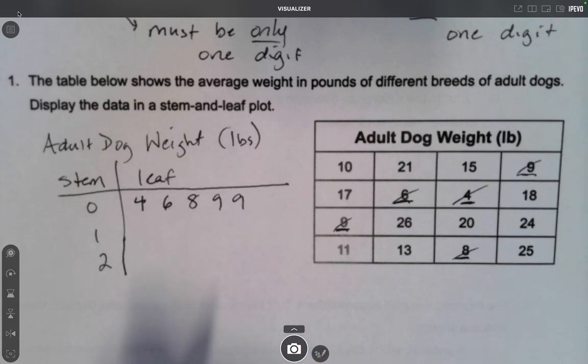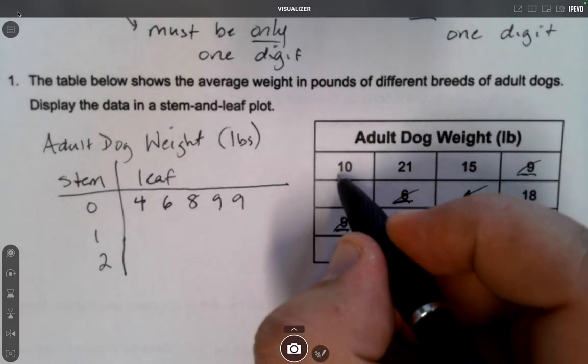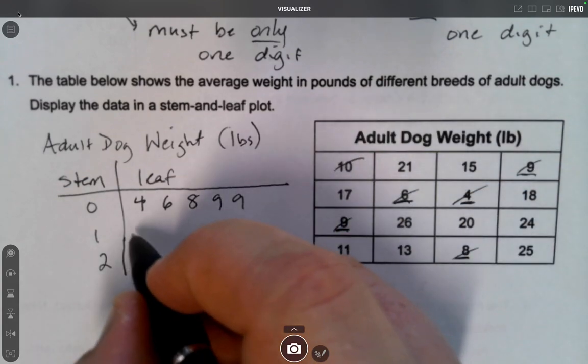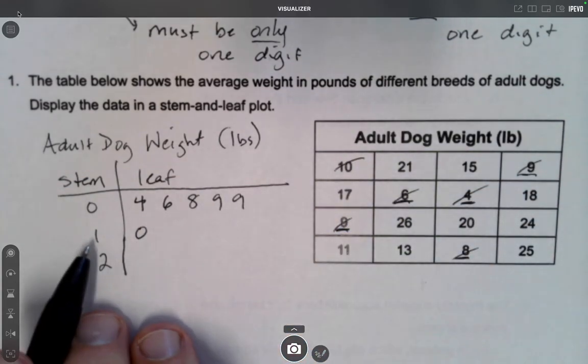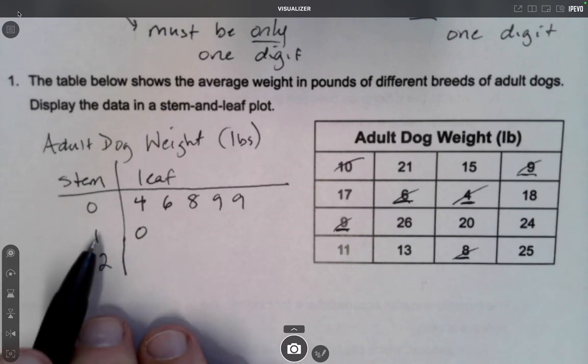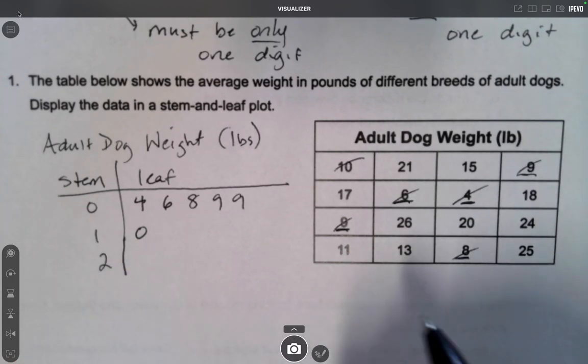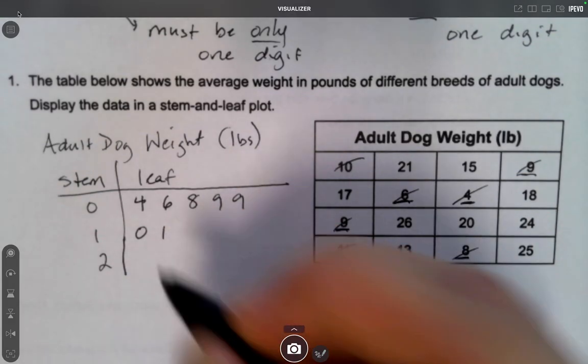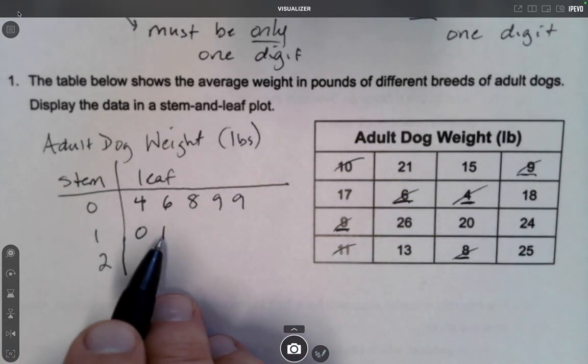So now we look at 10 through 19. I see a 10, so let's go ahead and mark that one. I put a 0 here, because this is the tens place, a 1. This is the ones place, 0, so that's 10. Then I see an 11 here, so I put a 1, because that's 10 and 1, meaning 11.